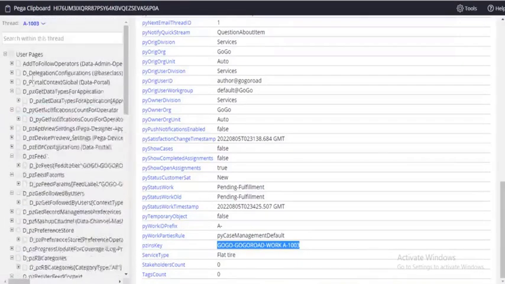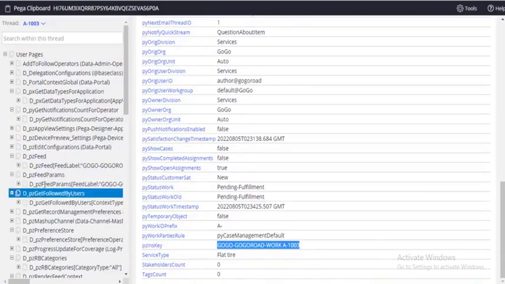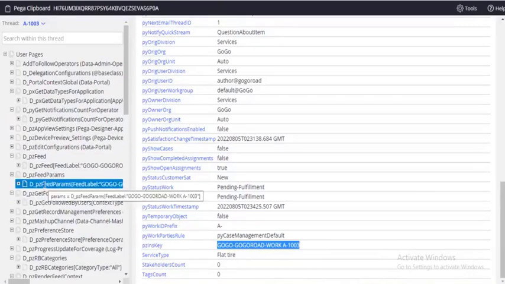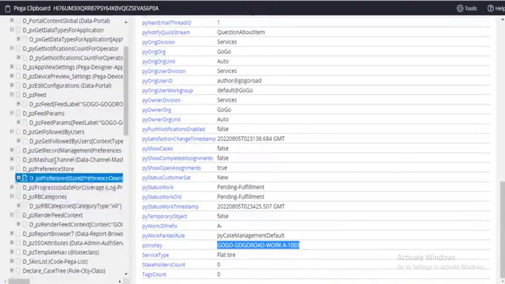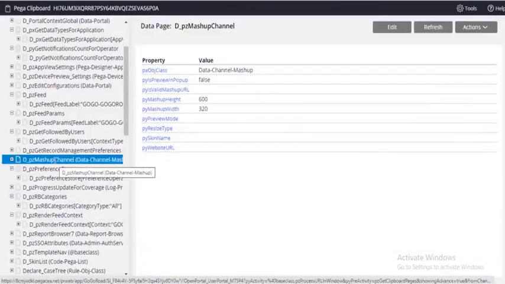You can see here there are so many PZ, like D underscore PZ. D underscore means data pages, but you can see it's starting with PZ. These are all used by Pega internal processes; we will not use these much.